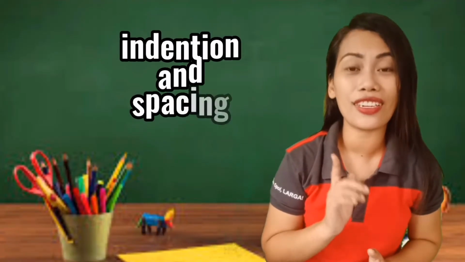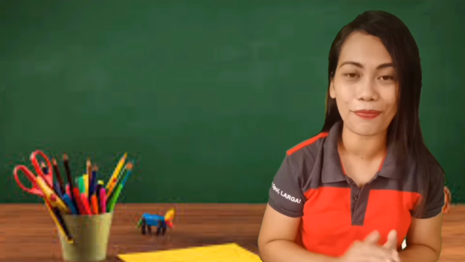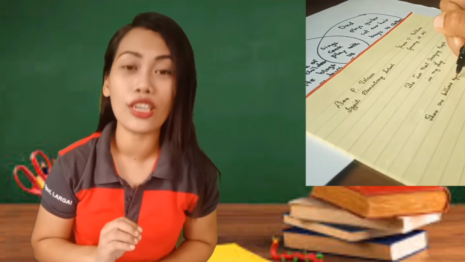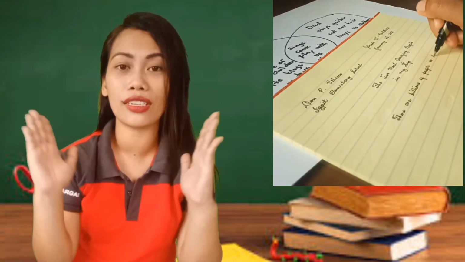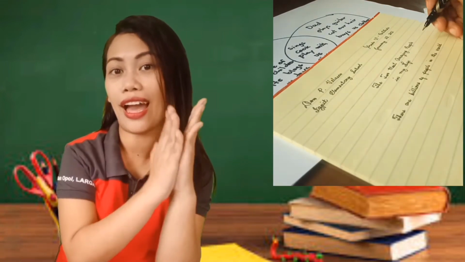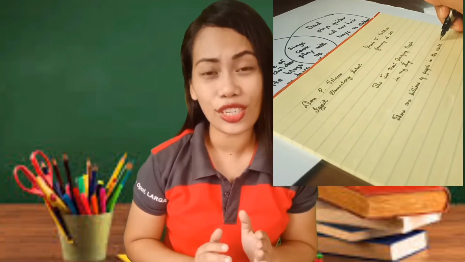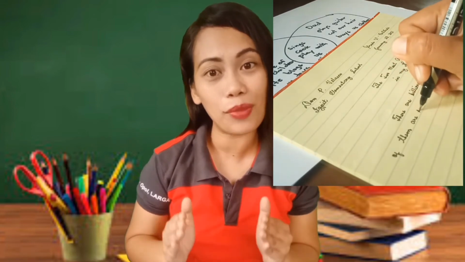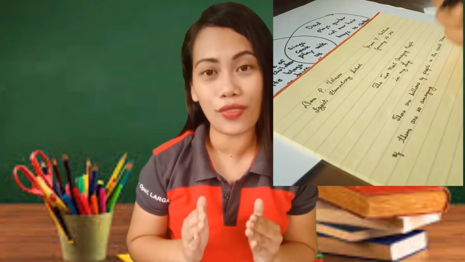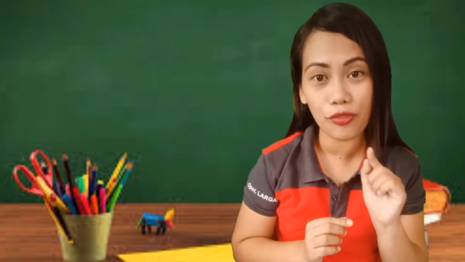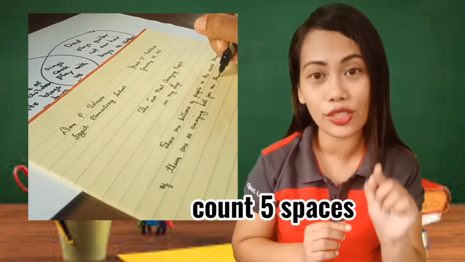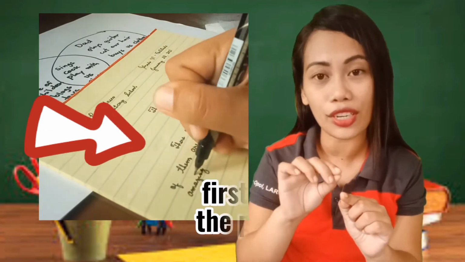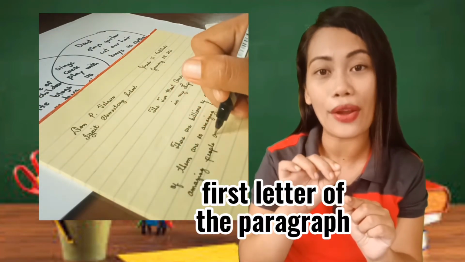Another thing is the indentation and spacing. Indentation is at the beginning of the paragraph, you are not going to write on the margin agad-agad. Indentation refers to the space that you are going to leave blank at the beginning of each paragraph. Count 5 spaces, 1, 2, 3, 4, 5, bago ka magsisimula sa first letter ng iyong first paragraph.